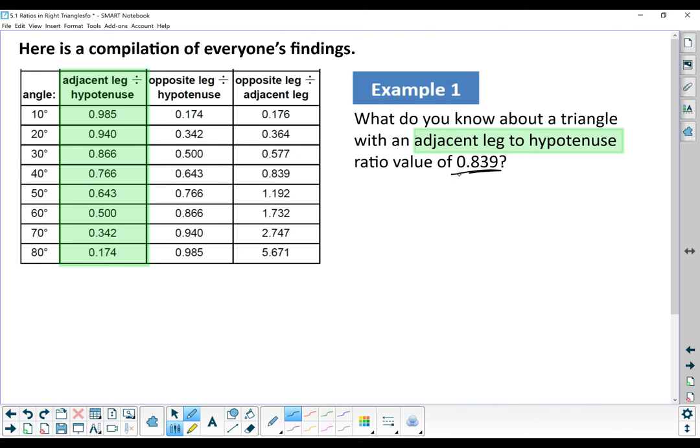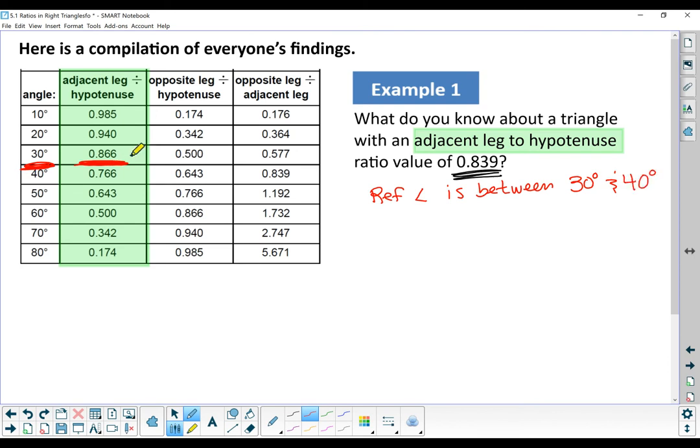Our given value is 0.839. Well, 0.839 is between 0.766 and 0.866. It's between those two values. So that means that the angle in our triangle, the reference angle, is between 30 and 40 degrees.